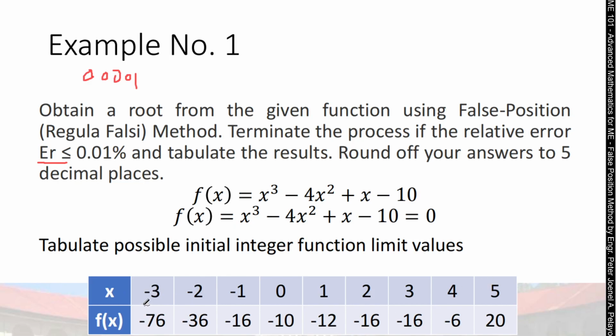And then, we can see the change of the sign dito sa 4 and 5, from -6 to 20. So, negative to positive siya. So, ibig sabihin dito, sa pagitan nila meron siyang root. Okay?